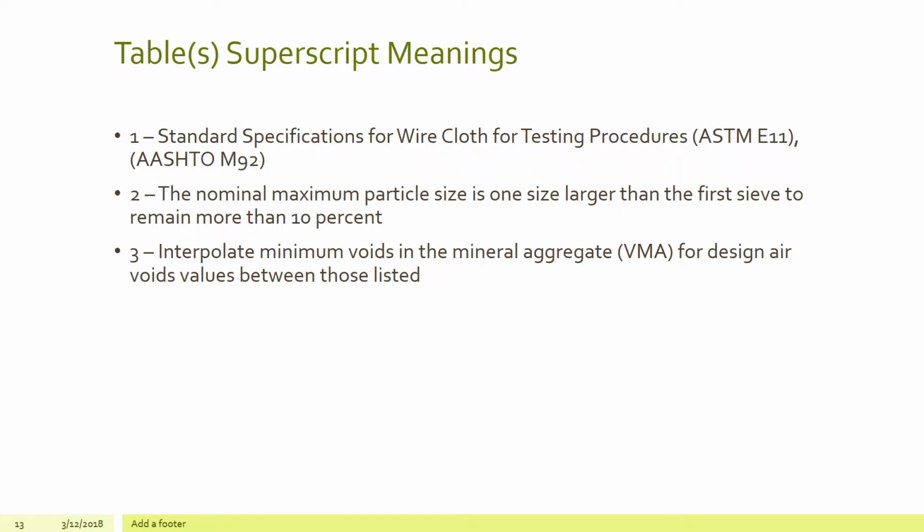The nominal maximum particle size is one size larger than the first sieve to retain more than 10%, and interpolate minimum voids in the mineral aggregate, or the VMA, for designed air voids values between those listed.